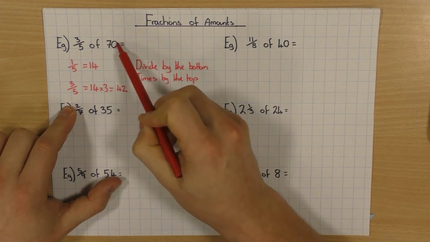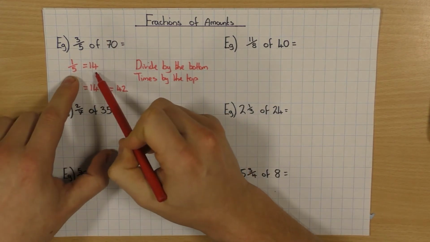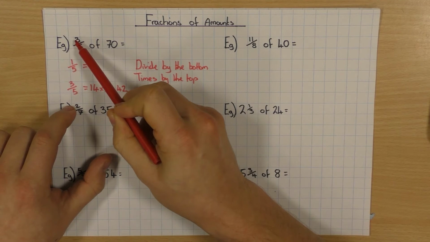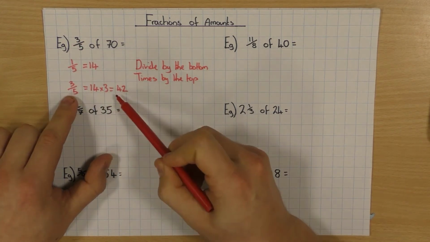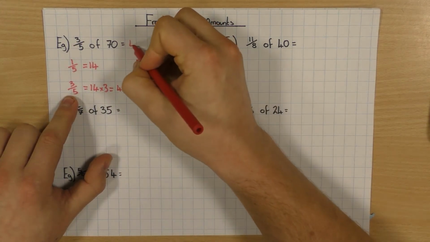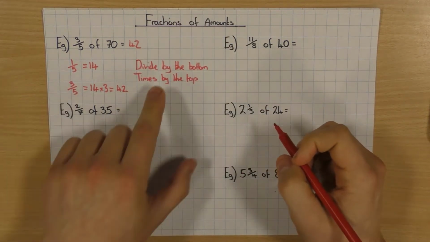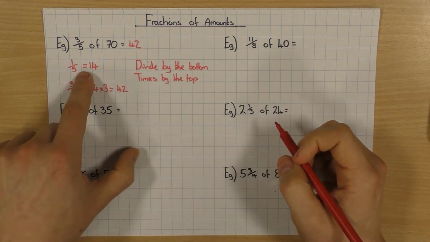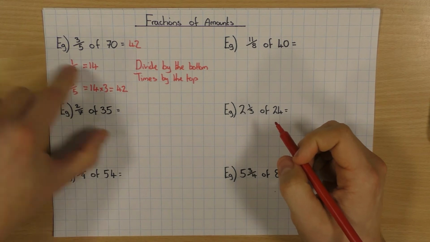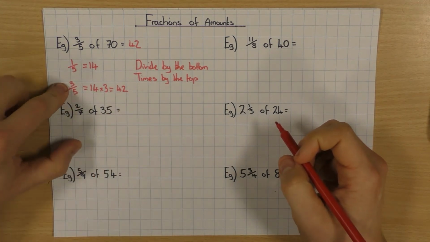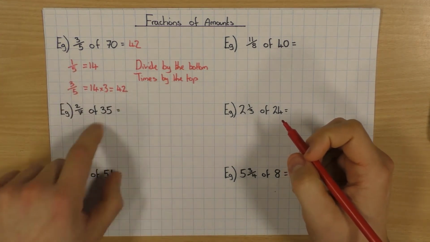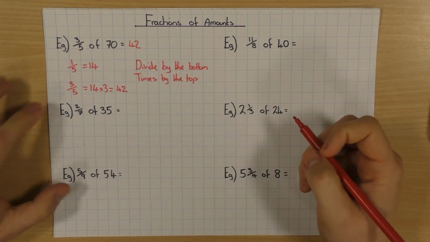So this one here, 70, we divide by 5, that tells us what 1/5 is, and then we times it by the top, so we times it by 3 to tell us what 3/5 is, and as we said, that would be 42. That's why this works. You divide by the bottom number to get what 1/5 would be, then times by the top to find out what 3/5 would be. So I'm going to use this for all of these that are coming up now.